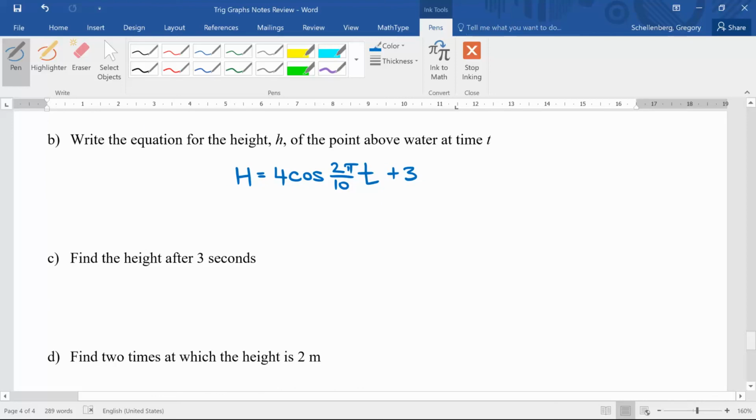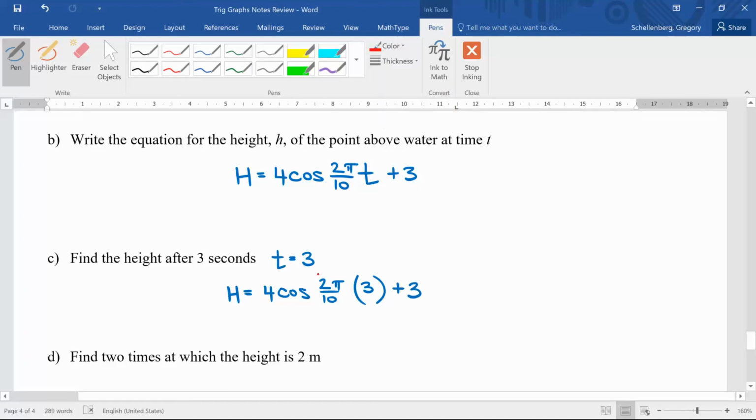Now find the height after 3 seconds. So that's a t value, a time of 3 seconds. We will plug that into the formula that we just came up with in the place of t. So we get h equals 4 times the cosine of 2 pi over 10 times t, so we're substituting 3 in for t, and then we're adding 3.